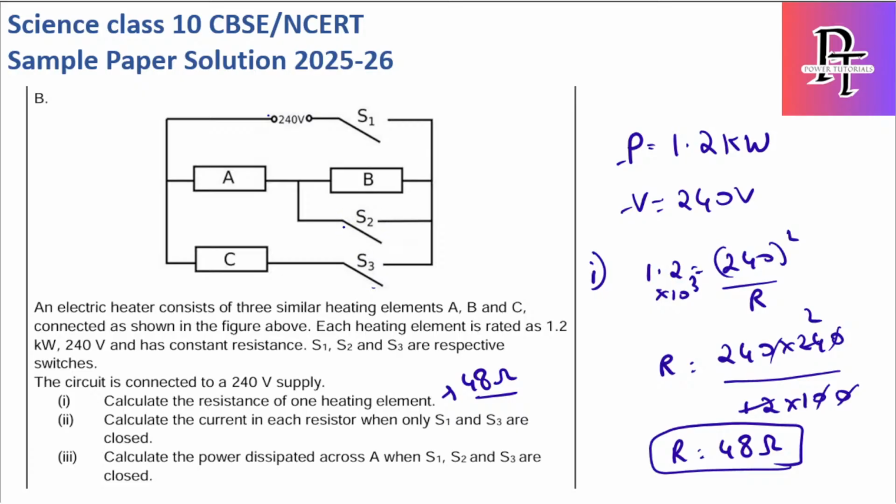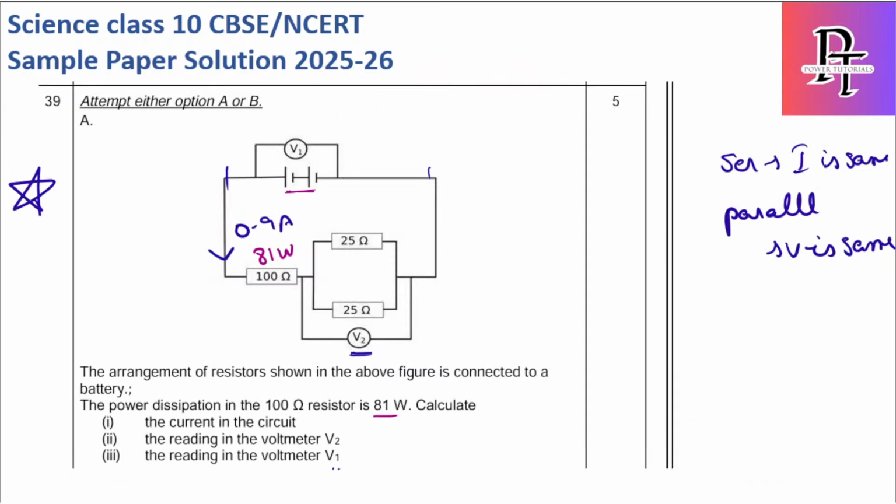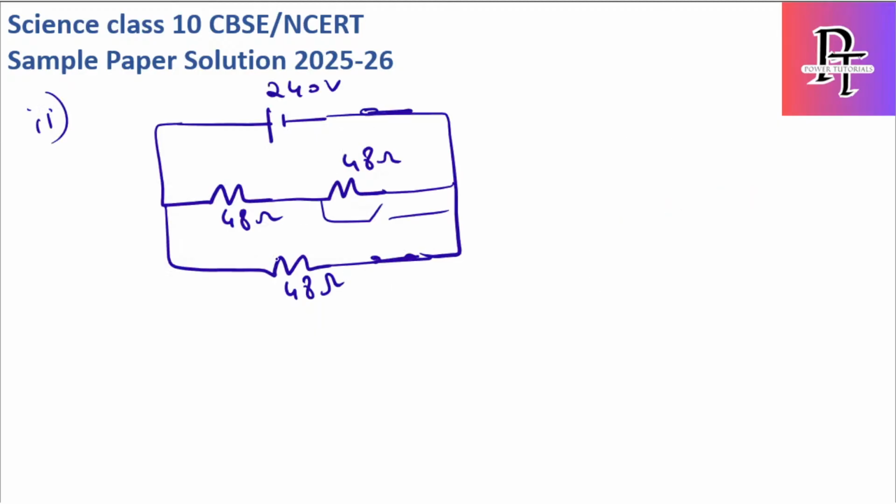Now what we need to find? Current in each resistor. So this is A, B, C. As per the circuit, this is A, this is B, this is C. Now we need to find the current across each heating element.